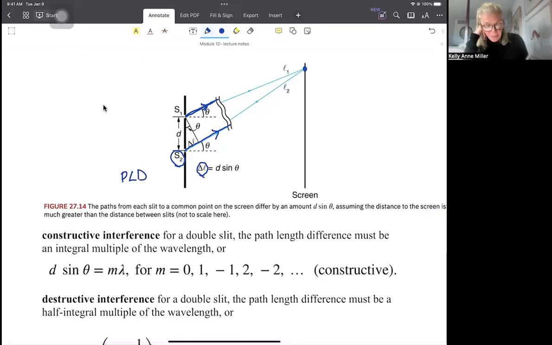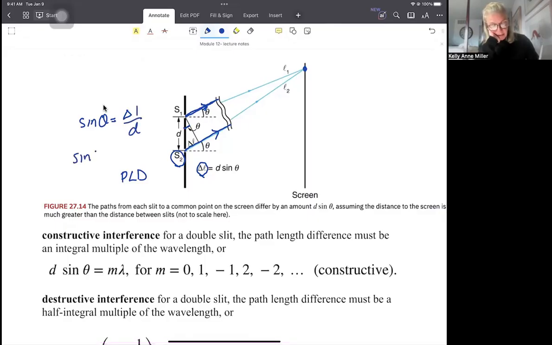That can be calculated because sine theta is opposite over hypotenuse, so that's delta L over d.